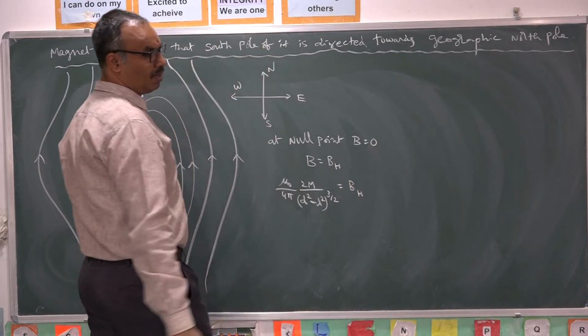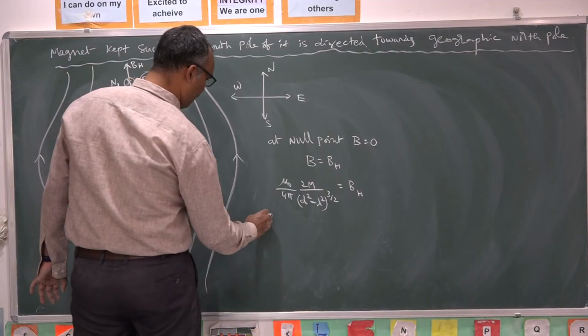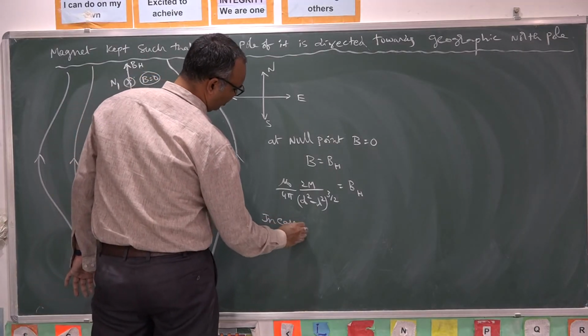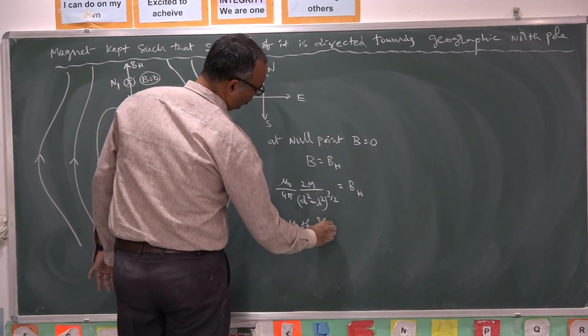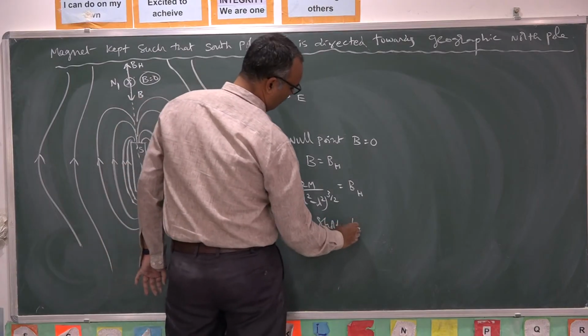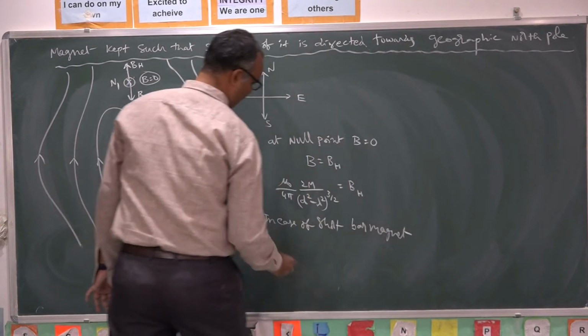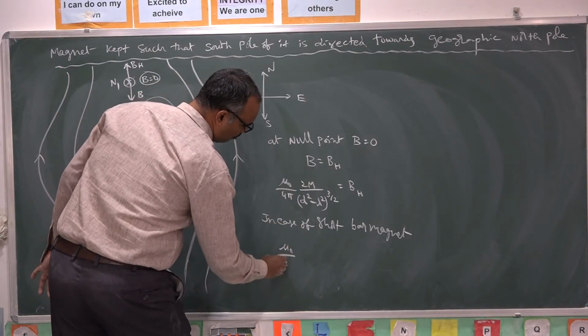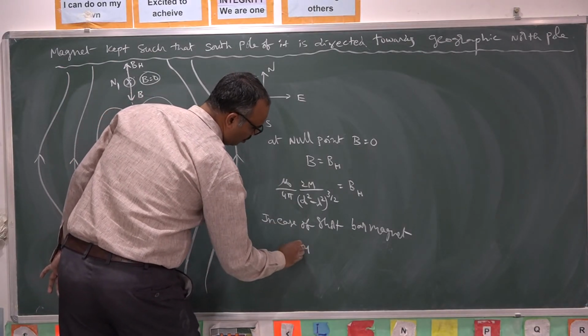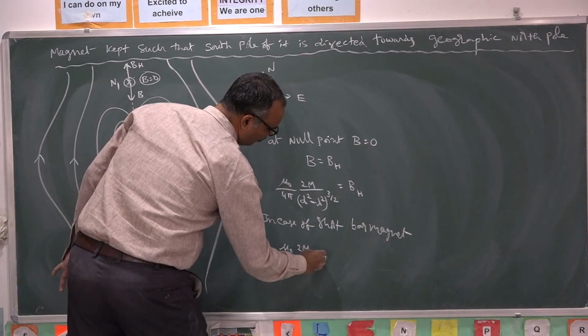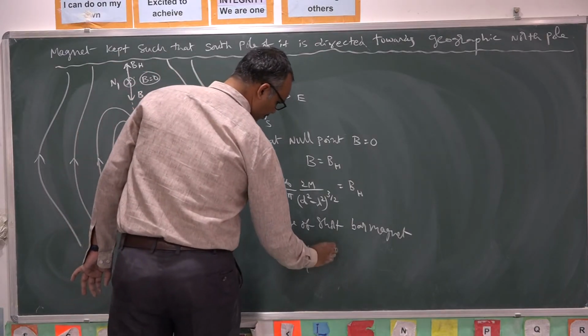In case of short bar magnet, its value becomes mu naught by 4 pi into 2M by d cube, that is equated with BH.